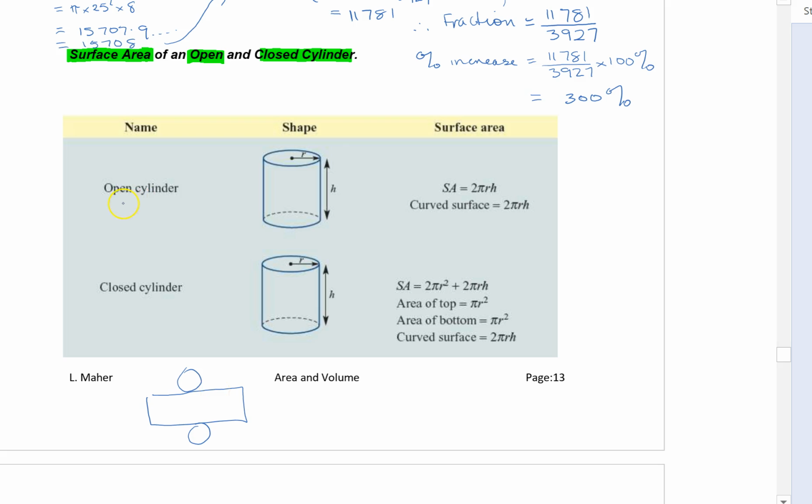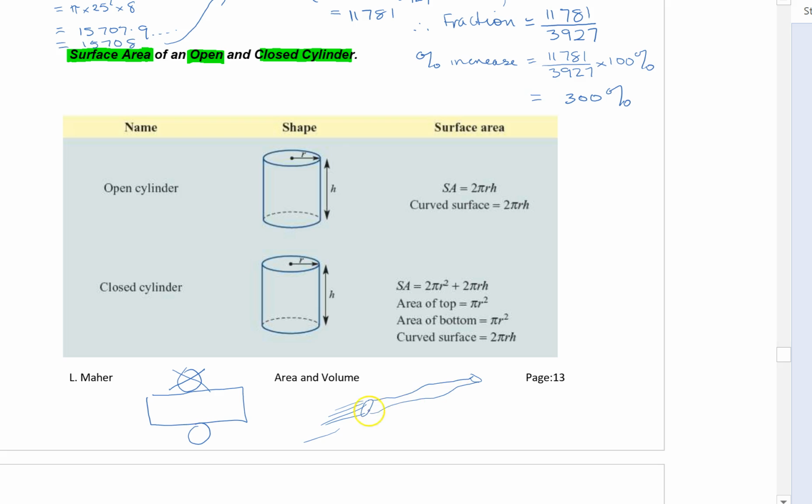Now, if we've got an open cylinder, then we don't have one of these circles, and in fact in some cases you may not have either. If you thought about a garden hose with the water coming out of it, you will realise that a hose doesn't have either of the circles.